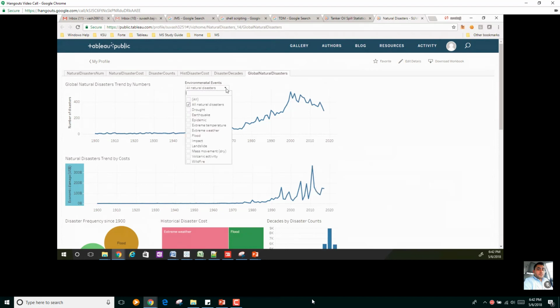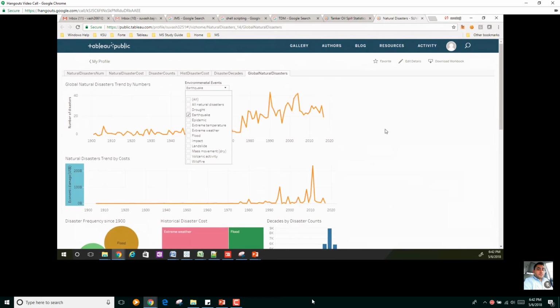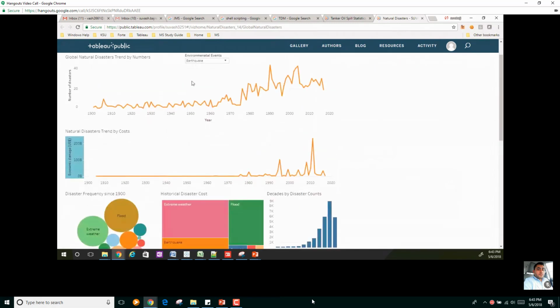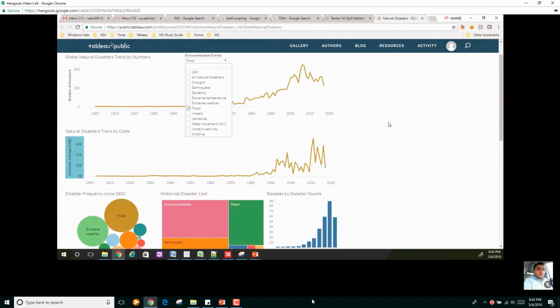So here you can go and look into which disasters cost damage for how much. Like the earthquake in 2011, it cost like $230 billion. We can go to a few more, like flood.